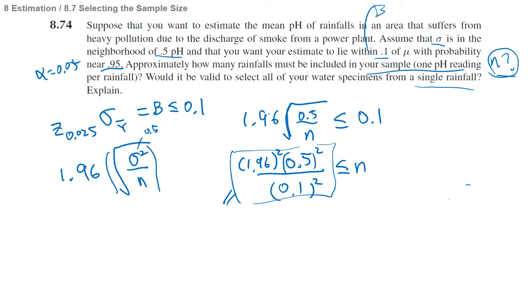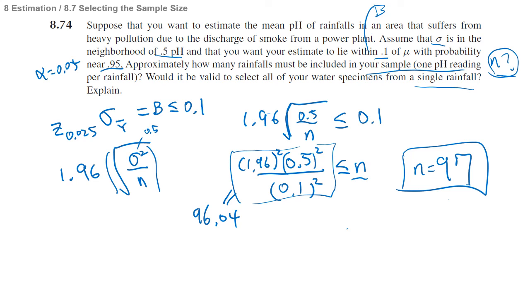If you calculate this number, the number is 96.04. And since n should be greater than 96.04, our n is 97, so we need 97 samples.